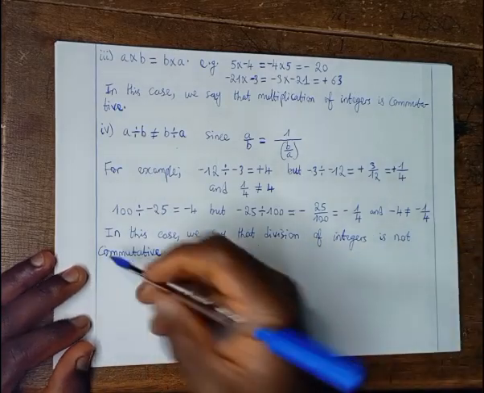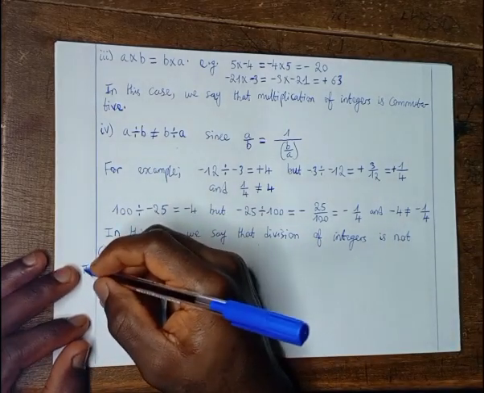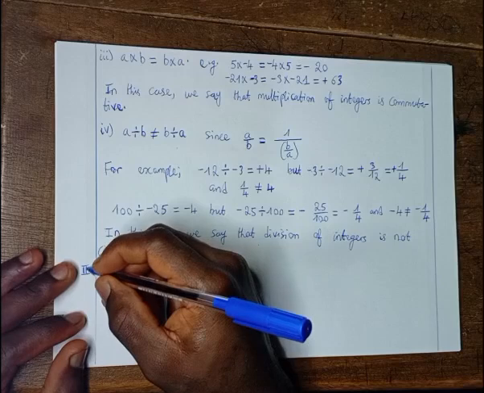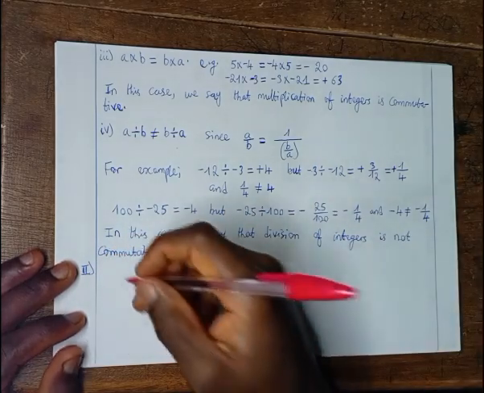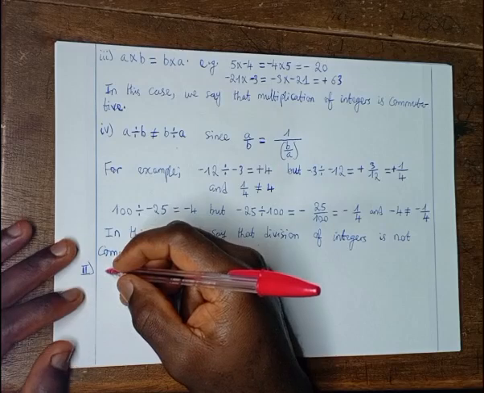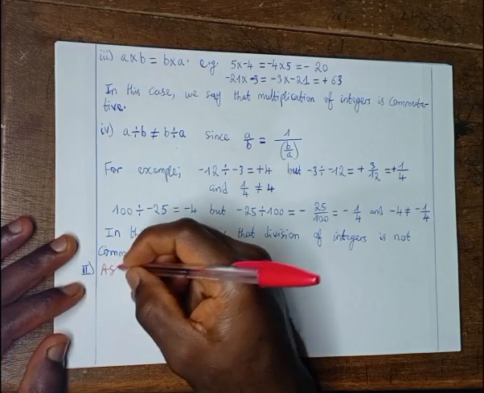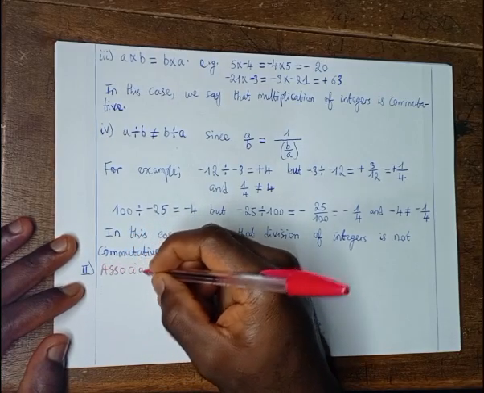Next, let's go to the next property, 2i, which is the associative property.